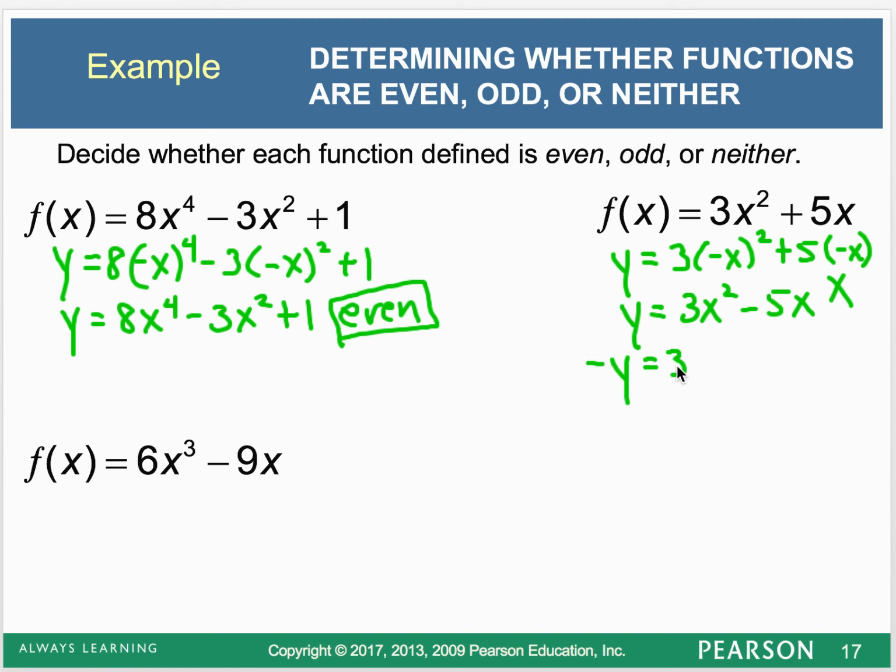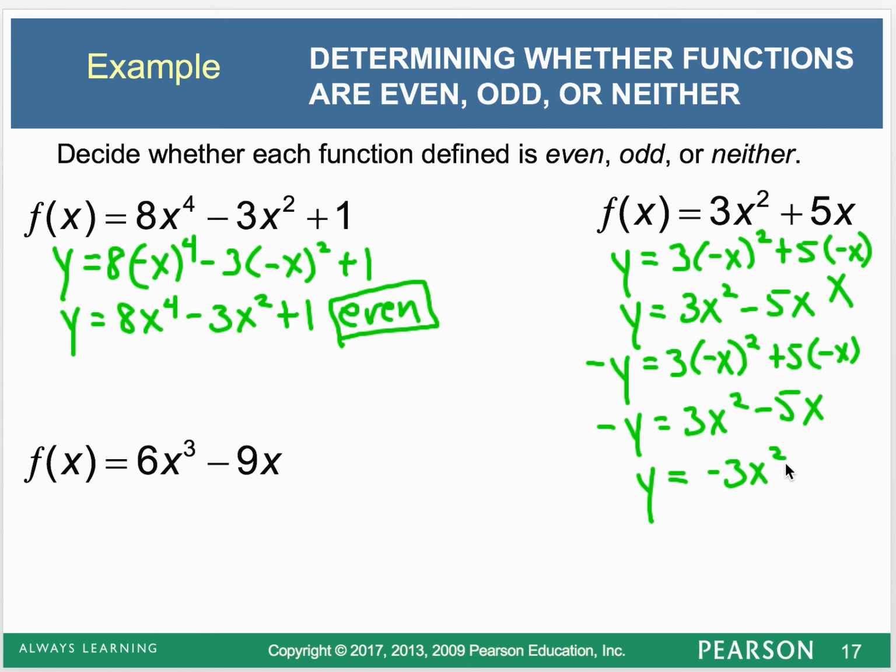It's the same thing as saying origin symmetry. So that's negative y equals 3x squared minus 5x. Getting rid of that negative on my y, negative 3x squared plus 5x. Is that the same? Nope, this is neither.